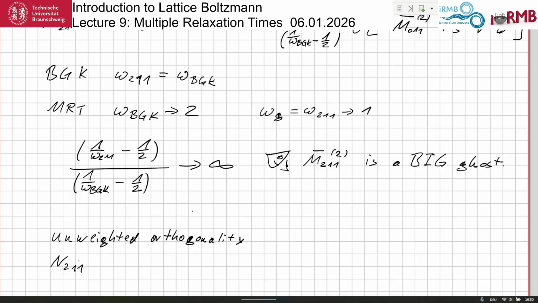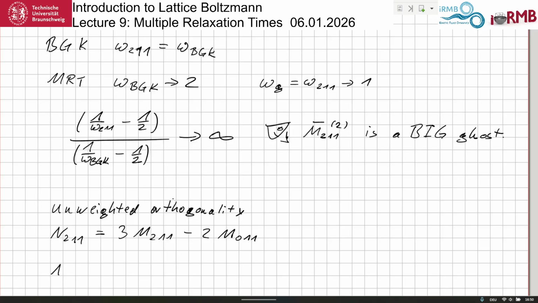So in this matrix, there was this replacement moment, the unweighted orthogonal moment, that comes from M213 plus M211 minus 2 M011. So what you see is we do something together with the two moments that we found being dependent on each other. So this looks good, right? So now what we can do is write down N211 to second order over bar.